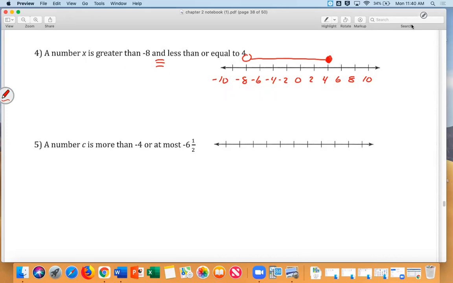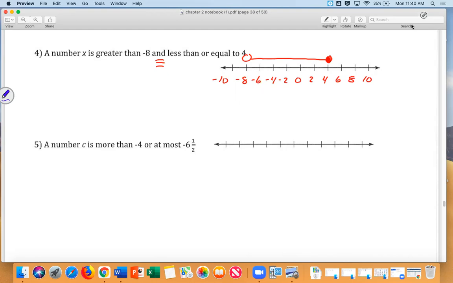All right. Number 5, a number C is no more than -4, or at most -6.5. Now, Nate, this is where it gets difficult, right? What two numbers do I need to put on my number line? Okay. How do we put -6.5 on a number line?